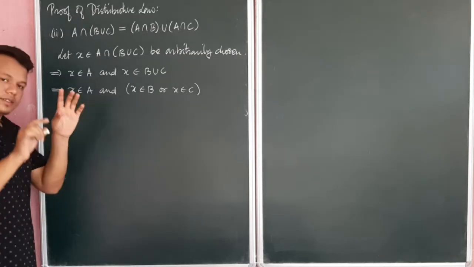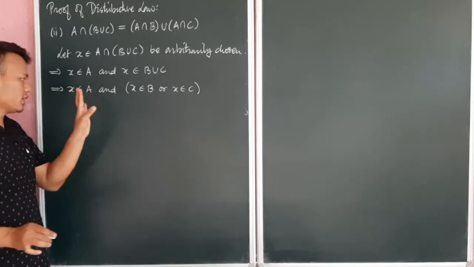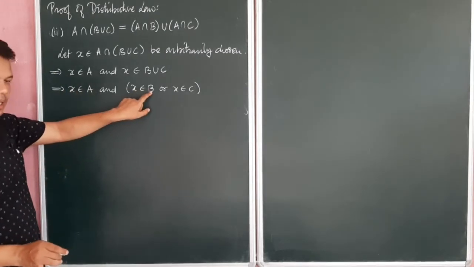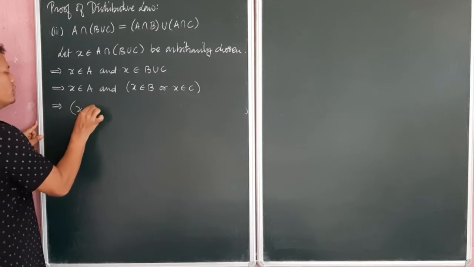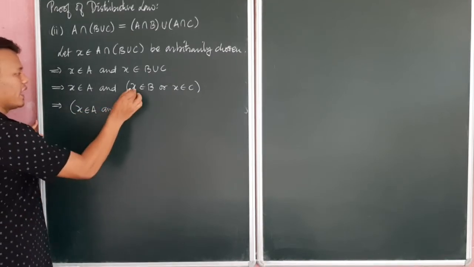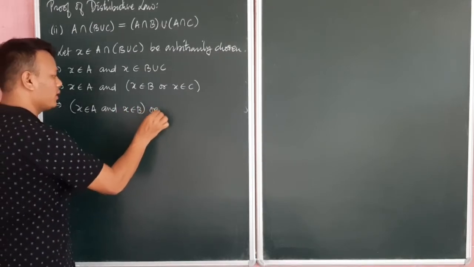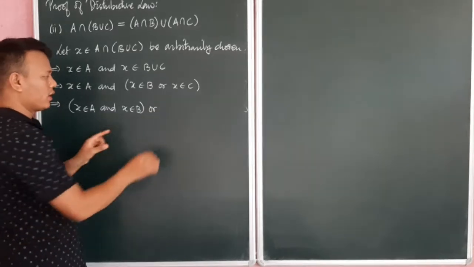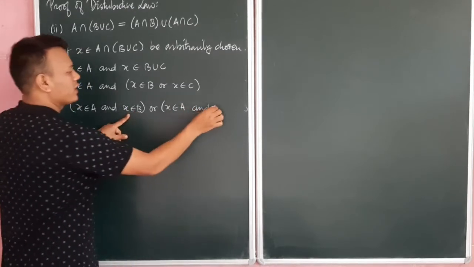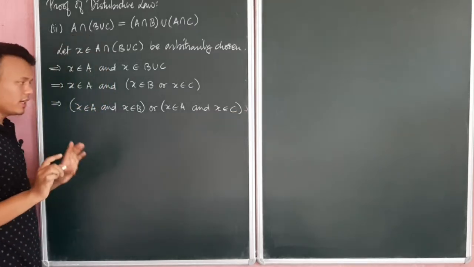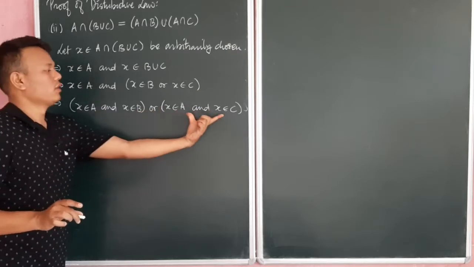Alright, see, x is already present in A. No matter whatever your condition is, x is always there in A. So x can be either there in B or x can be there in C. So this means that x is always there in A and x is belonging to B. Now if x is not belonging to B, then x is already belonging to A, and x has to be there in C. So if this happens, that's very good, but if this doesn't happen, that's why I have written or this happens.